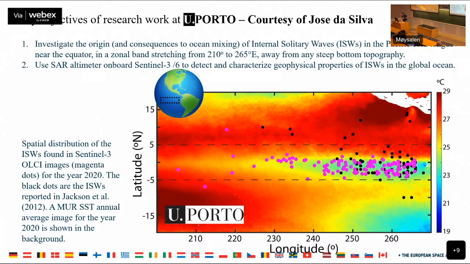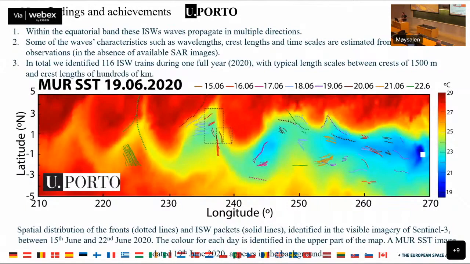And so there has been some analysis of a lot of Sentinel-3 and Sentinel-1 images over this area to detect the internal waves, and also to look at the synergy with satellite altimeters, like SAR altimeters on Sentinel-3 or Sentinel-6. So he has been analyzing quite a lot of SAR images and optical data.